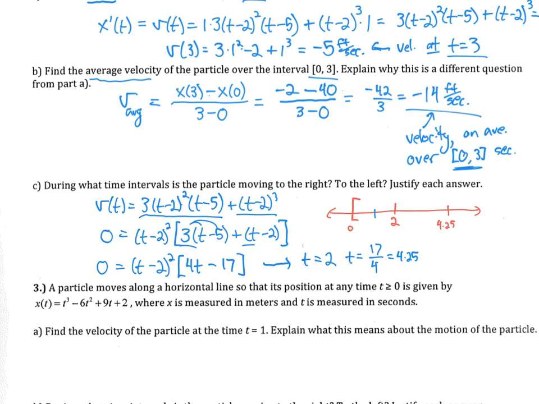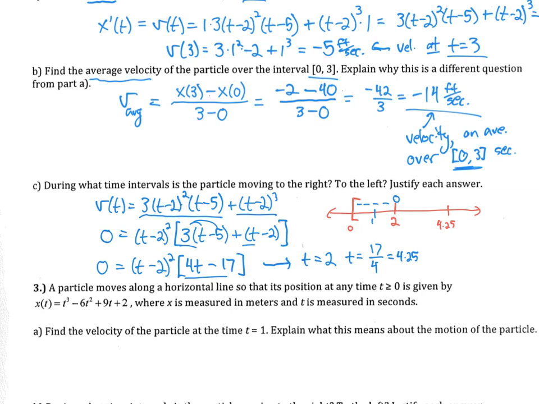I can plug in 1 into my velocity to test that. 1 minus 2 is negative, squared is positive. And then when we plug 1 into this factor right there, we get a negative. So a positive times a negative is a negative. At 2, the velocity is 0.